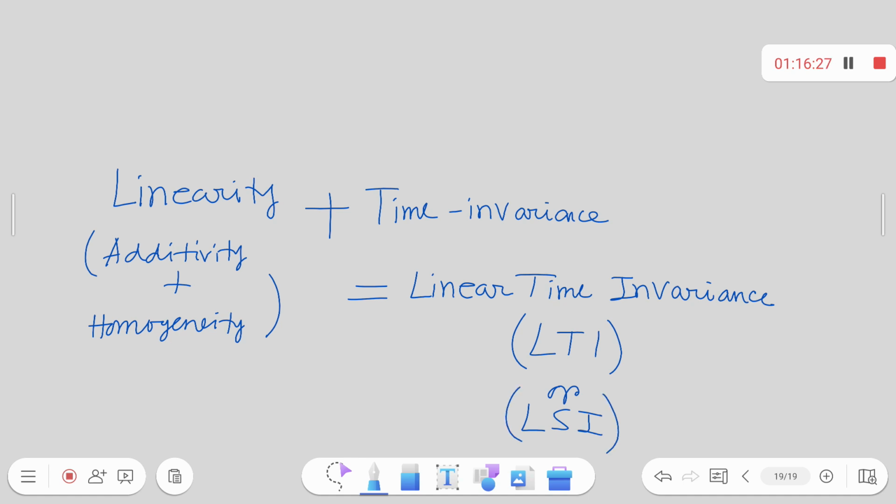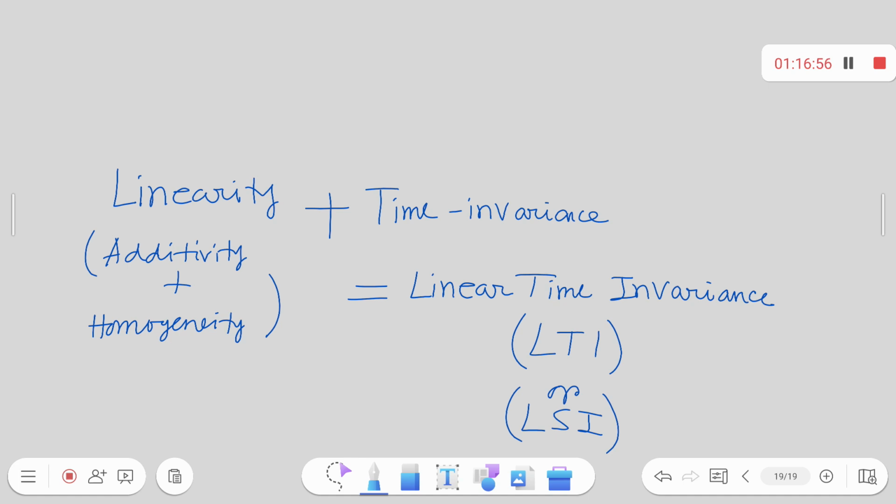Now you may wonder why I have picked that particular property. There are so many. Causality is also there, the memoryless property is also there, the invertible property is also there. But I have taken only these two, linearity on one hand and shift invariance on the other hand. And remember that when I combine them together, this is called a linear time invariant system or linear shift invariant system.